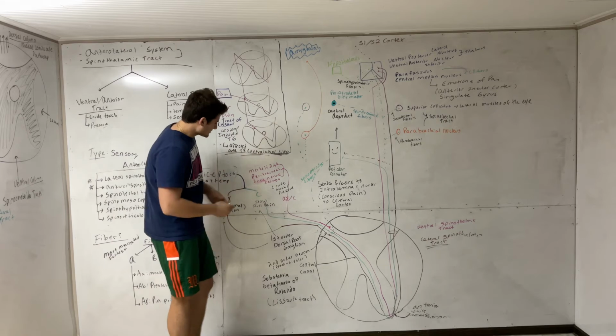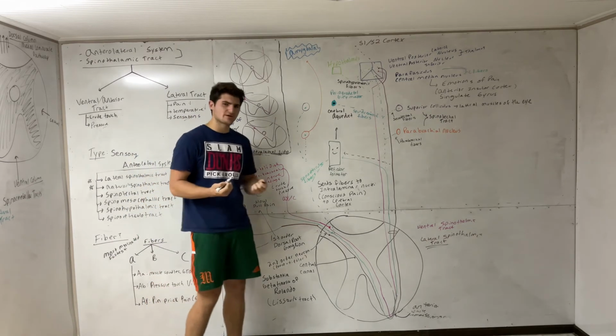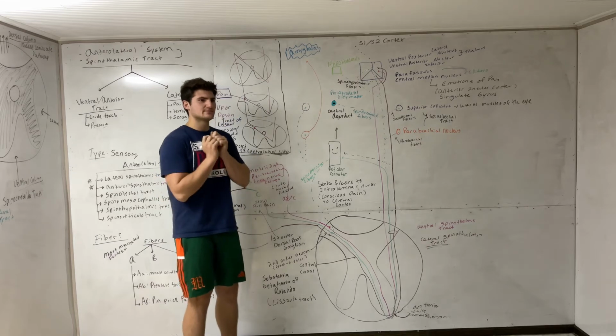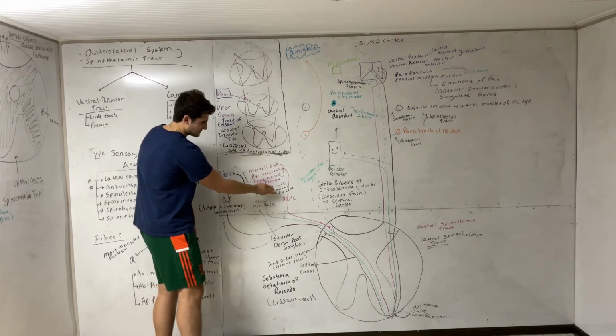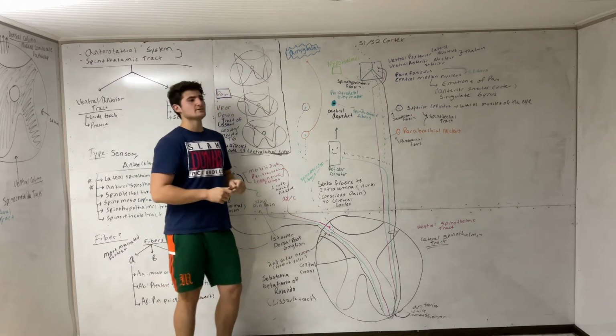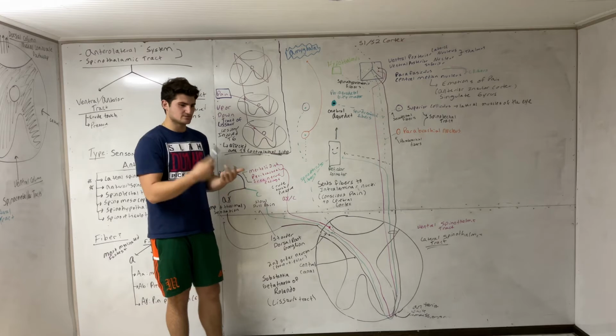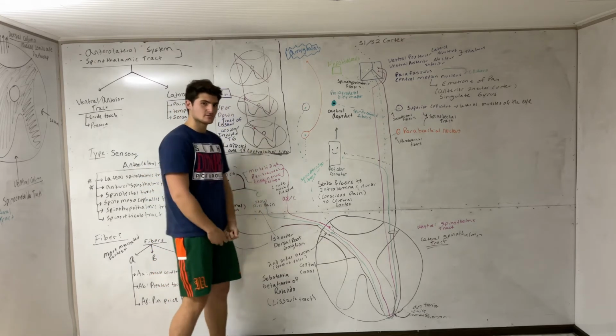And what are these three main things doing? Specifically the Merkel's discs and the peritrichial, what do they respond to? Well, we said Merkel's disc was light touch, so they're going to respond to crude touch, and they're also going to respond to pressure. Okay? So if they're responding to crude touch and pressure, what fibers do you think are going to be used here?